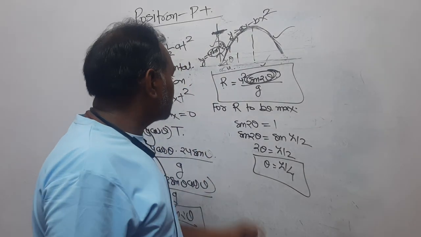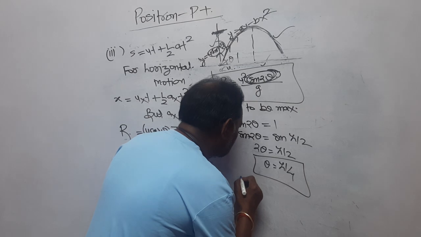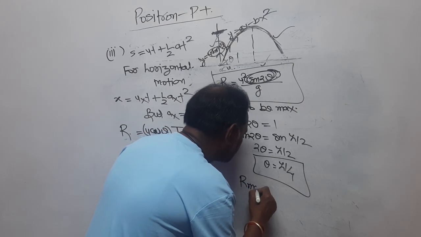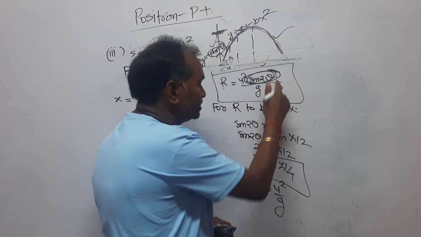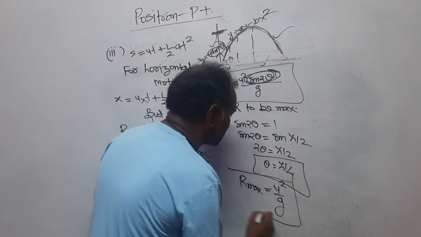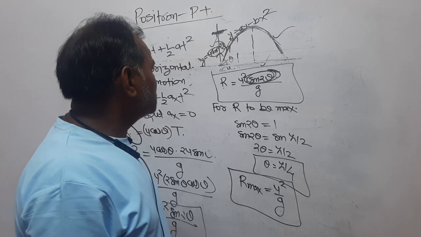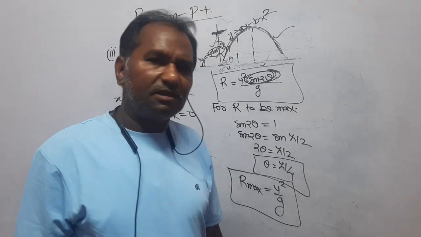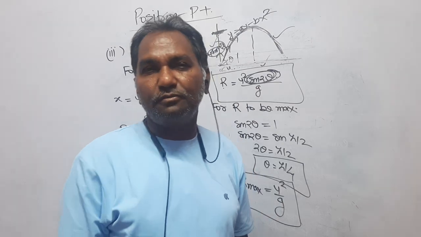So R maximum becomes finally u square upon g, because the value of sine 2 theta for the maximum range we have kept as 1. Dear students, it means not only theta is the deciding factor, but the velocity of projection is also very important.